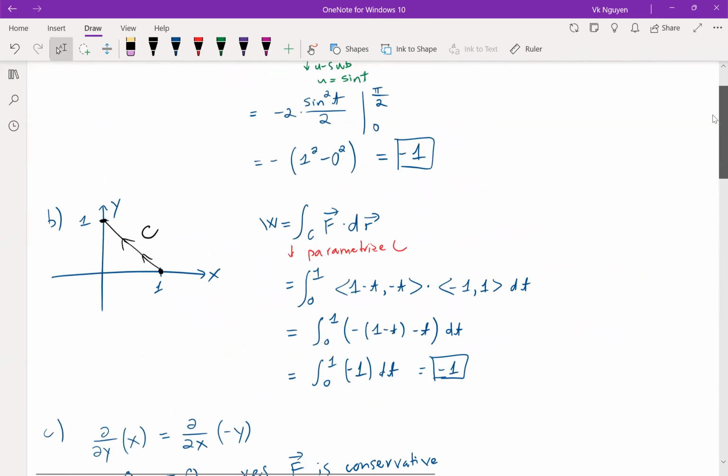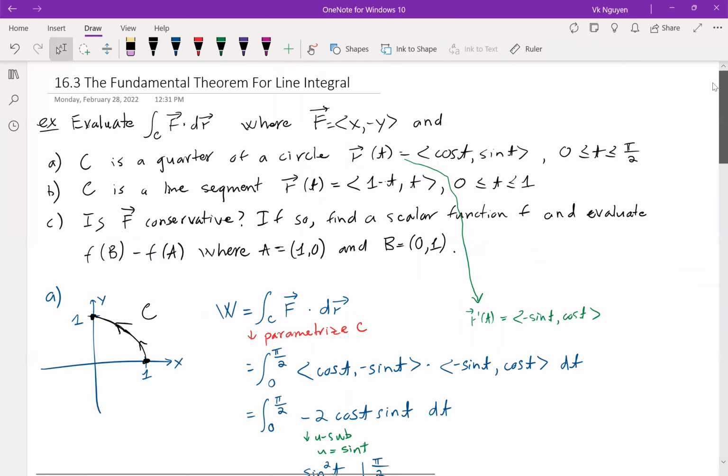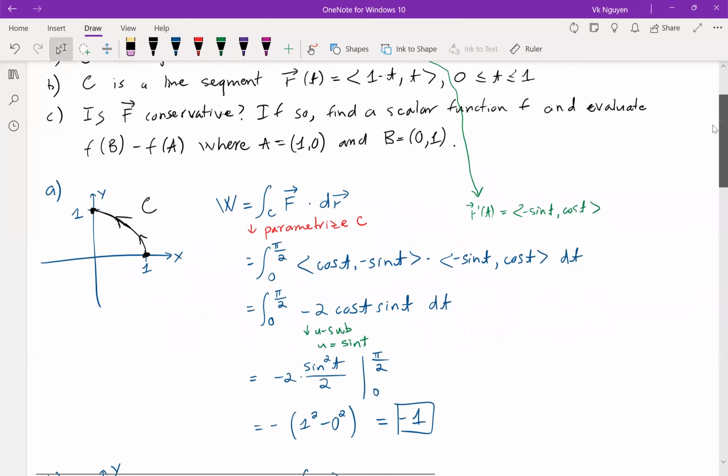Okay, I'm gonna move up here. So we did this problem here. And when we did part A, we figured out that the work is -1. We go from an initial point to the end point. The initial point is (1, 0). The end point is (0, 1).